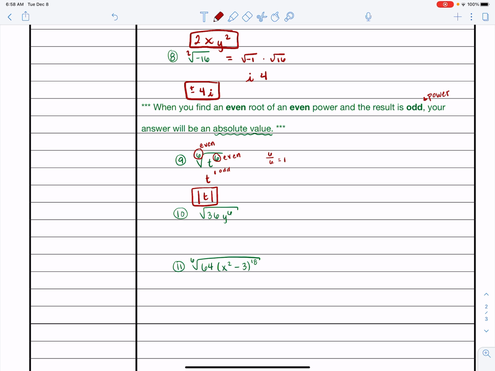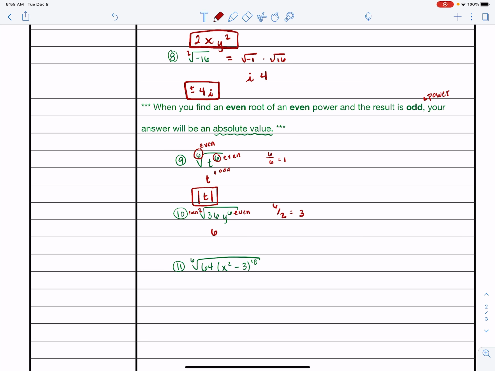Okay? All right. This is a square root, so that's an even root. The square root of 36 is 6. That is what it is. But the y^6, we're talking about those exponents on the variables. 6 is an even power. 6 divided by 2 to find the new exponent is 3.